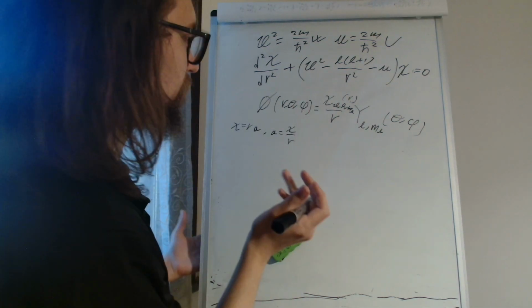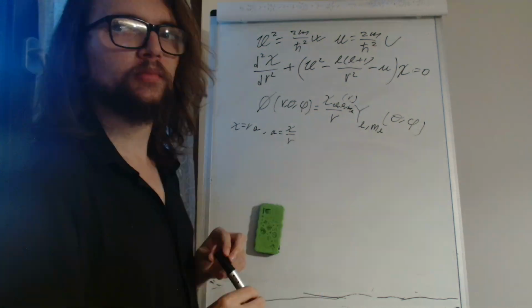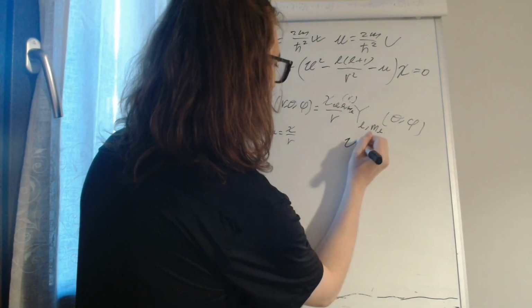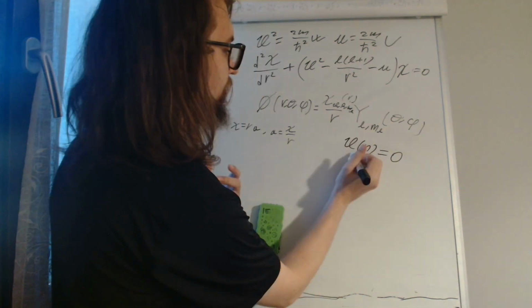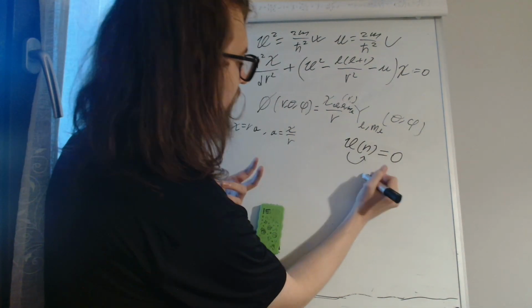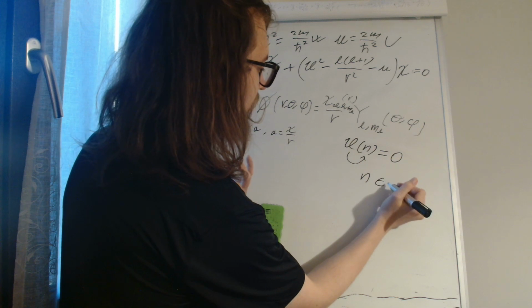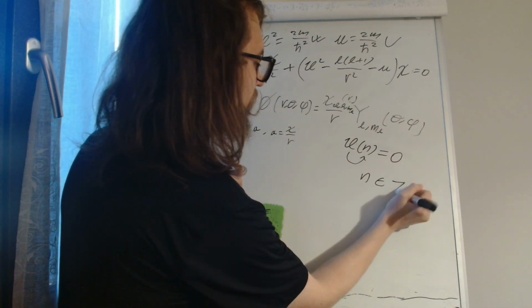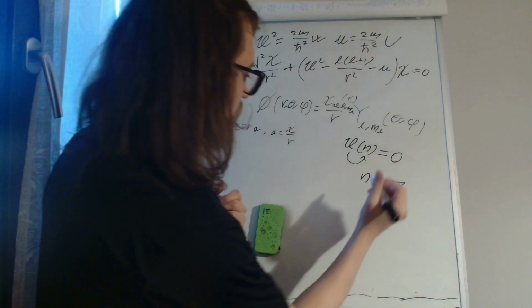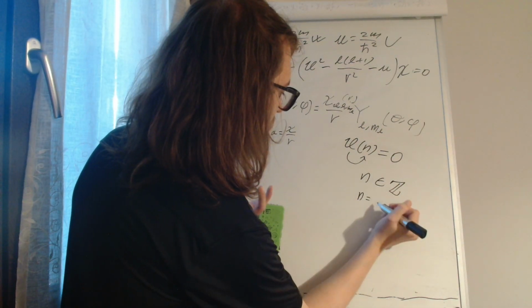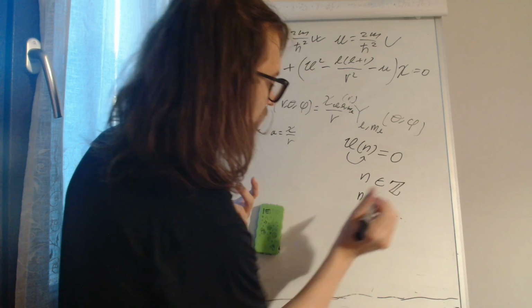So we will have a discrete spectrum of solutions, and an equation relating k to a discrete quantum number n, which will take only integer values. In the case of a Coulombian potential, it will take values from 1 to 3 and so on.